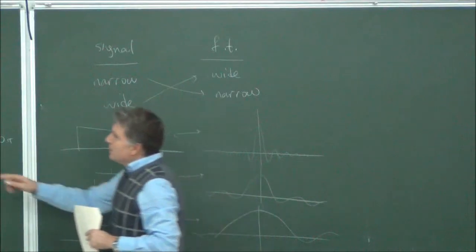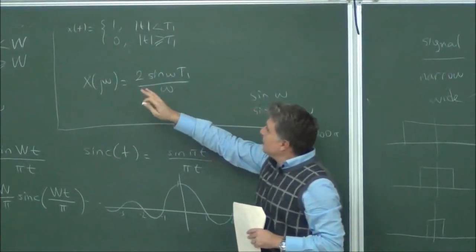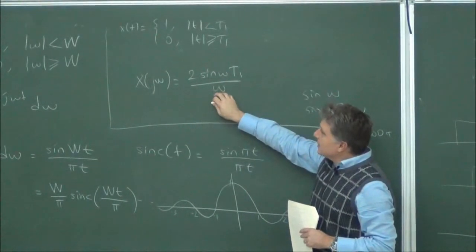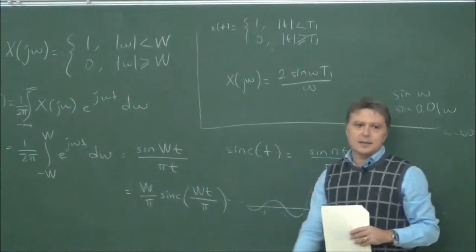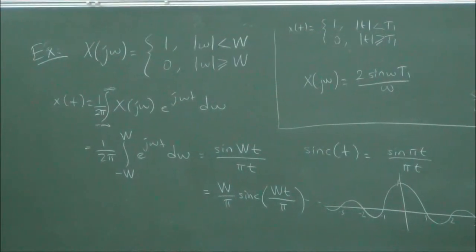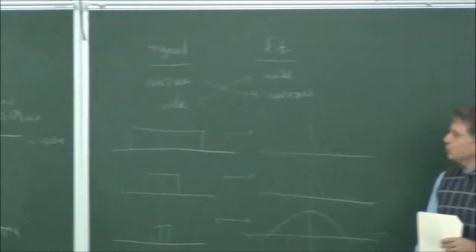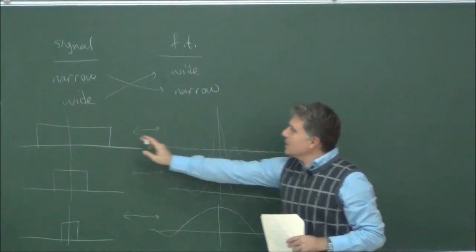Remember that if the time signal is a rectangle, then the Fourier transform is a sinc. If the Fourier transform is a rectangle, then the time signal is a sinc. So it doesn't matter which one is time and which one is a frequency function. It's up to you. But such an attitude always holds. If one of them is narrower, the other one is wider.